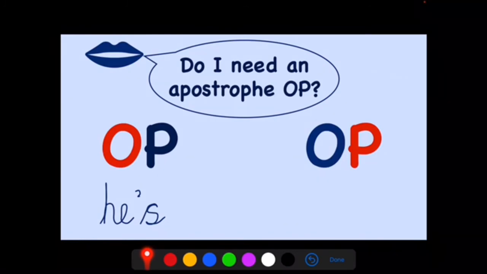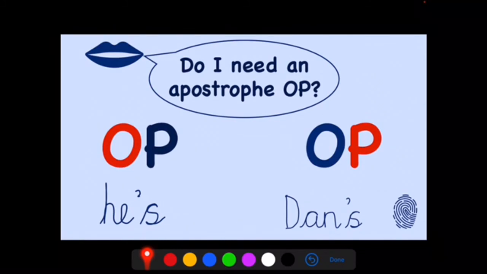Am I writing about something that belongs to somebody or something? We have a fingerprint. And if the fingerprint is Dan's, we add apostrophe S to his name.